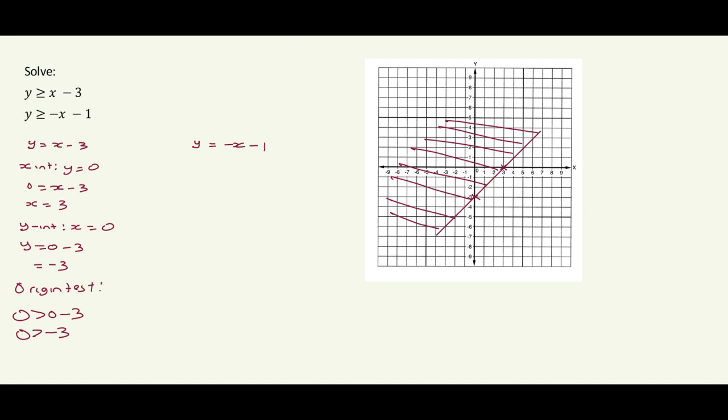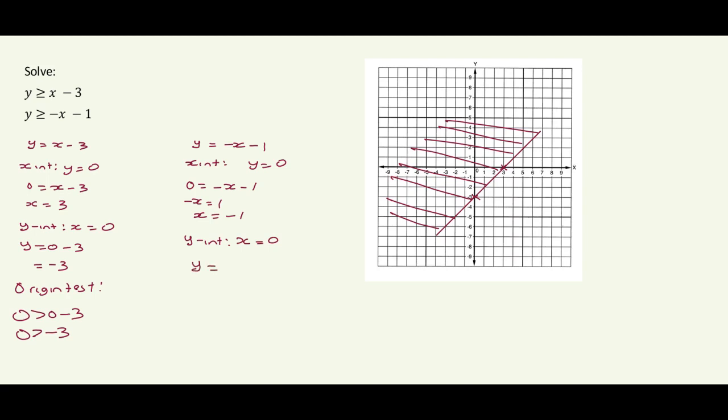So we start with the second equation. Look at the x-intercept, y equals 0. So 0 equals negative x minus 1. So negative x equals 1. So x equals negative 1. And then the y-intercept, we have x equals 0.